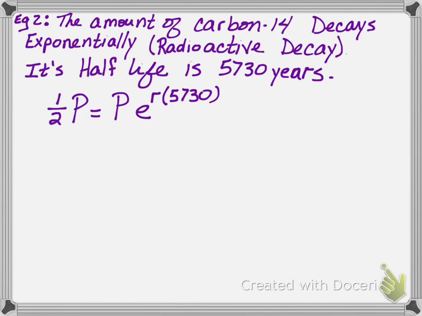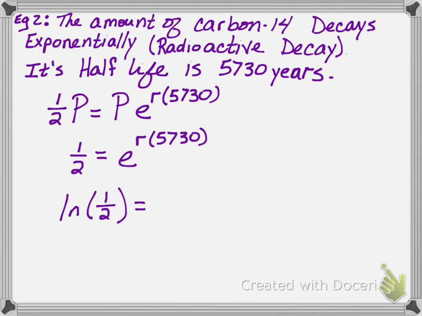So we set up the equation 1/2 P equals P e to the r times 5,730, which means 1/2 equals e to the r times 5,730. Undoing exponential functions is a logarithm.